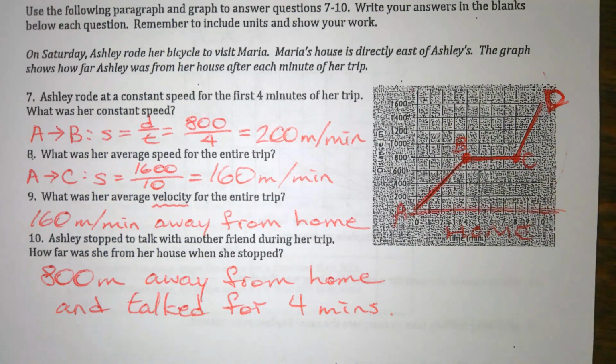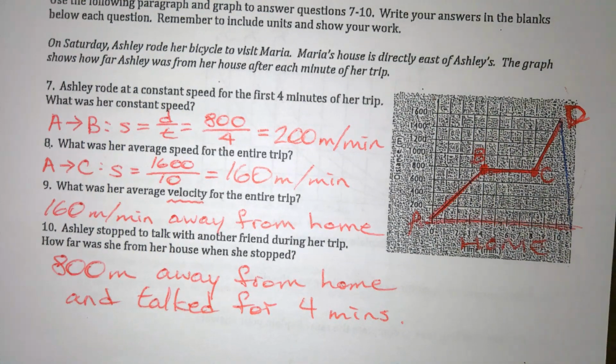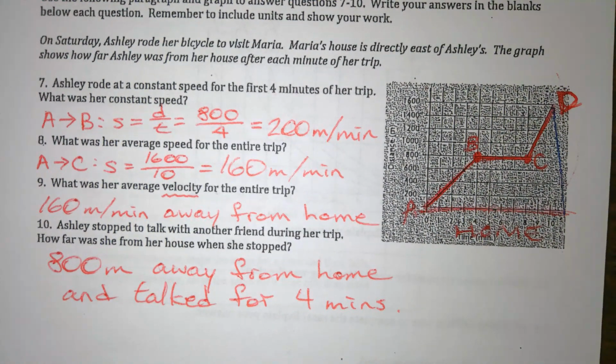Now, what if I add an extra line like this? What does that mean? That means she came back home. Exactly. Now, would you just say she walked home? She took a jet. Yes, that's right. The steeper the line, the faster you went.